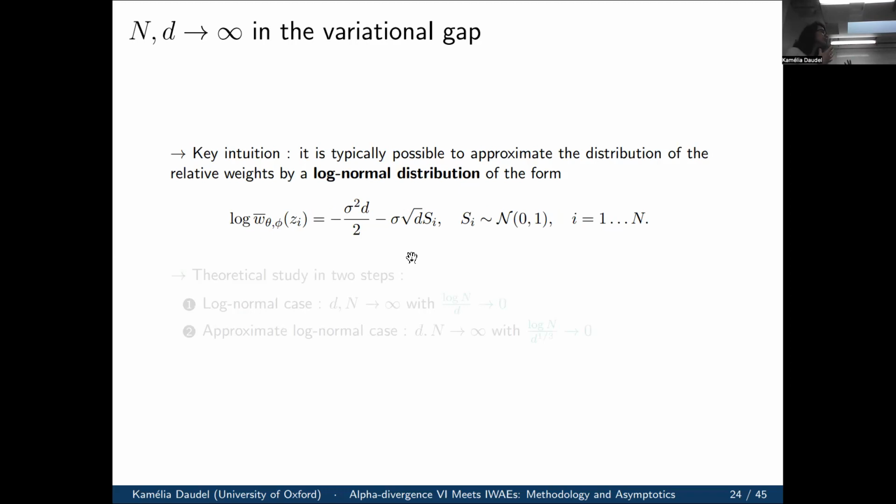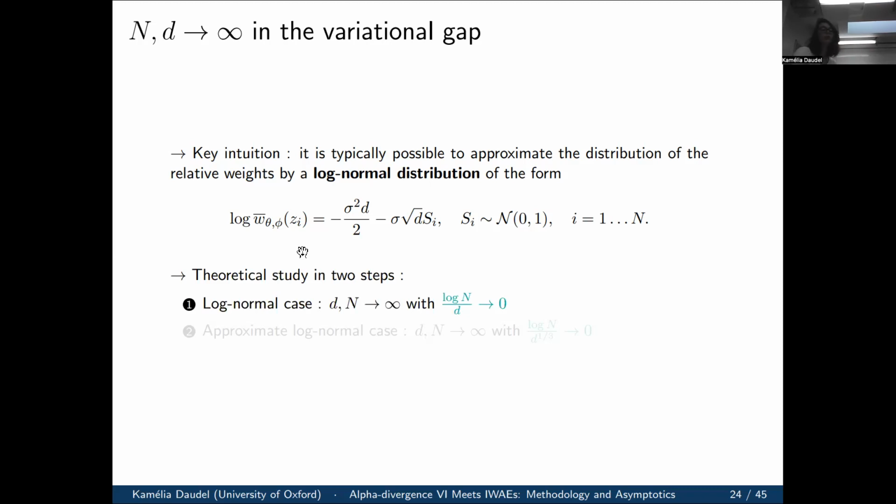So it's actually reasonable in practice to be in a situation where theorem 1 will not apply. So we're going to assume that the weights are log normal or approximately log normal, and this gives us a theoretical study in 2 steps.